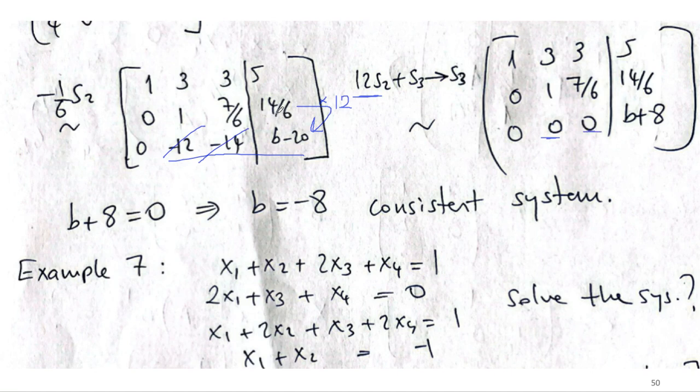And here you will have 12 times 14 over 6, that is 28. So b minus 20 plus 28 will give us b plus 8 here. So in order for this system to be consistent, the left side is 0, so we also want this term to be 0. That implies b equals minus 8 for a consistent system.